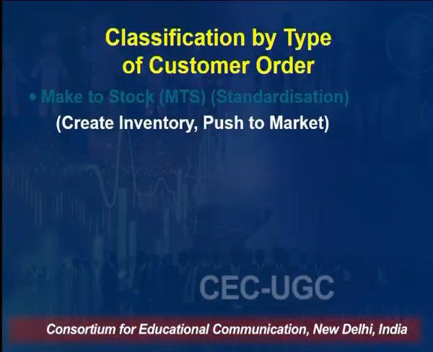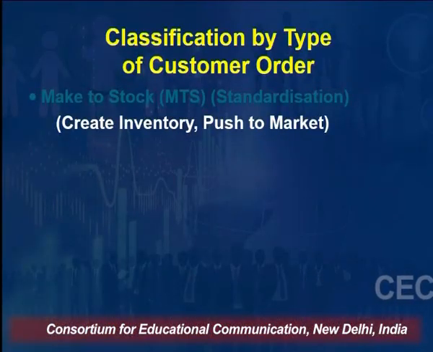For example, companies make cars, motorcycles, refrigerators, televisions, computers, mobile phones, and food items like ketchups, juices, and cold drinks. So these all follow make to stock. The idea is they have to create the inventory, and then push it to the market, sending it to their distributors and dealers, and finally to the retailer.